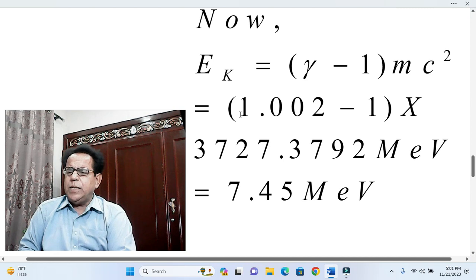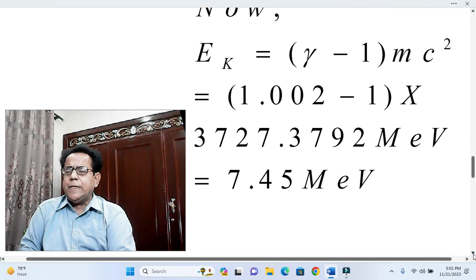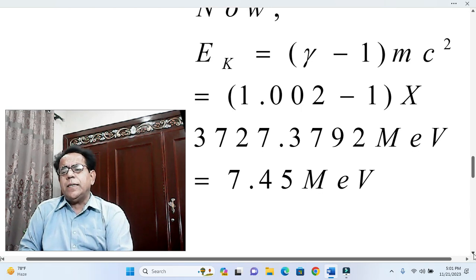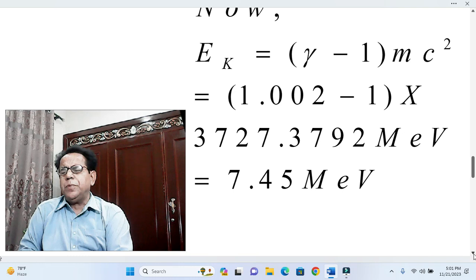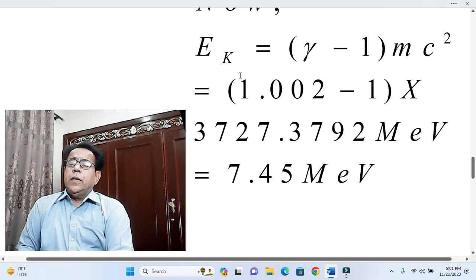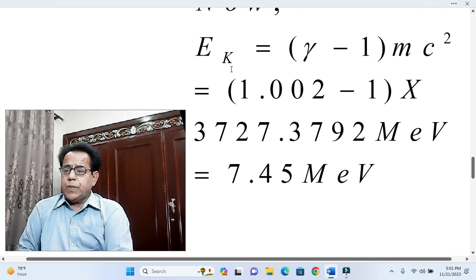Usually it happens that kinetic energy in this shape is written only on the relativistic side. Okay, sometimes it might be on the classical side. Now, okay, kinetic energy equal to this minus this into mc square.